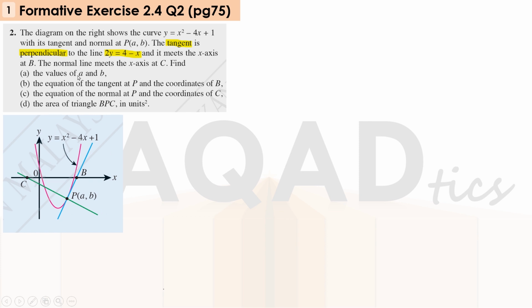For the first question, we need to find the values of A and B, which are the coordinates of point P. It's a bit hard to join the points, because to find A and B, the only information given is the curve and this line's equation.